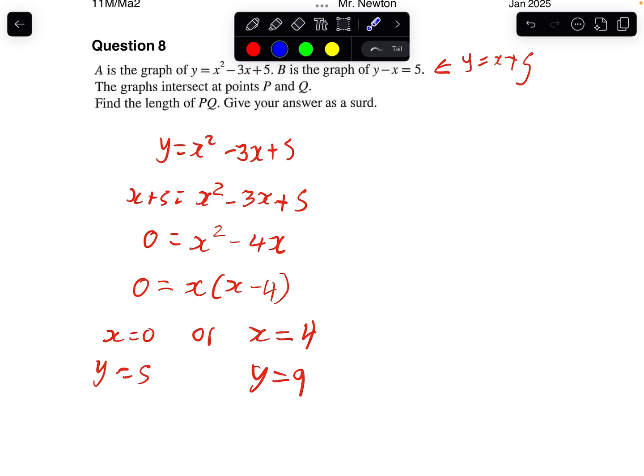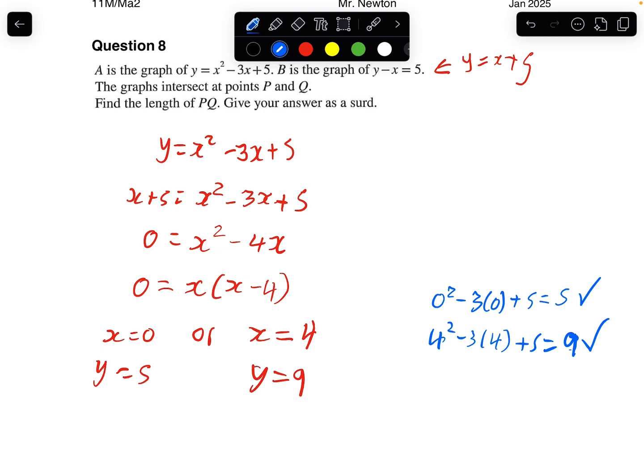Okay, so if I do 0 squared minus 3 times 0 plus 5, I still get 5, so that one worked. And if I do 4 squared minus 3 lots of 4 plus 5, I still get 9, so that one also worked. So you can sub it in and see if it matches. If it matches, that must mean they meet there.